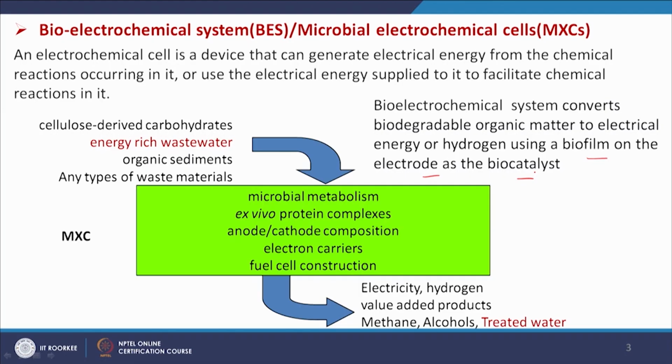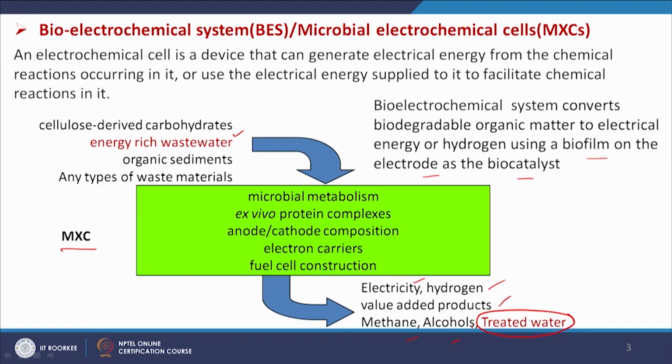We can summarize this whole concept like that. We have energy rich wastewater, or any organic compounds in water solution. Then it goes to the MXCs and ultimately we get electricity, hydrogen, value added products, methane, alcohols, and our main target here is the treated water.